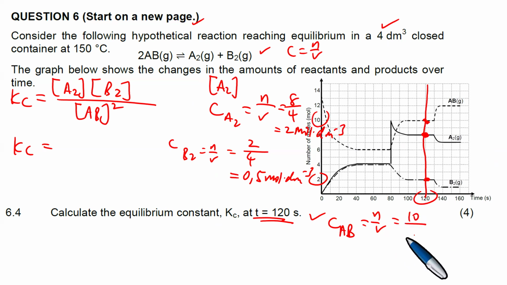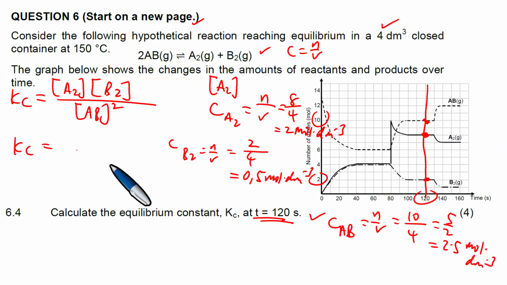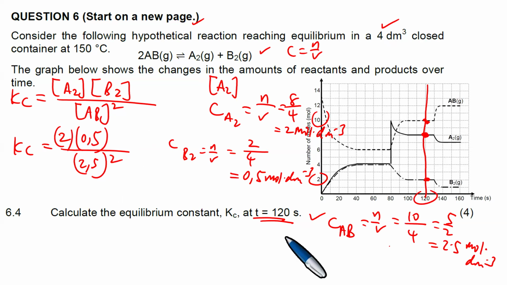So you have 10 divided by the volume, 4, and therefore this one is 5 over 2, which is 2.5 moles per decimeter cubed. Okay, A2 is 2, B2 is 0.5, it's 1/2, and then AB is 2.5 squared.